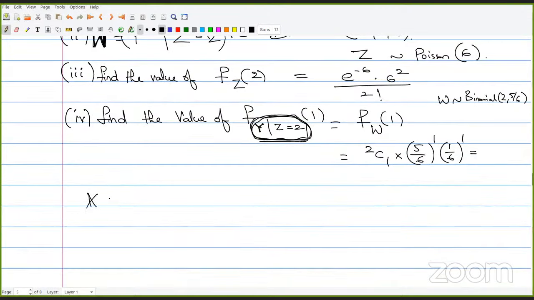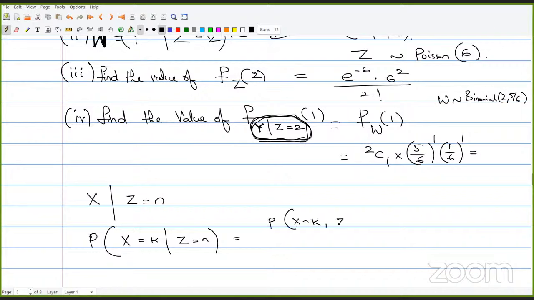So if I say X given Z equals some n, this follows binomial n comma lambda 1 by lambda 1 plus lambda 2. Let me give you that. I try to find the PMF of this when X takes value k given Z equals n. I can write it as the probability that X equals k and Z equals n, divided by the probability that Z equals n, joint by marginal.